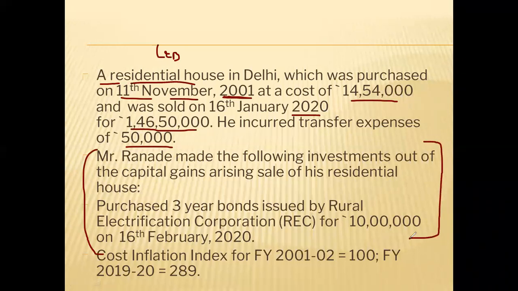First, everybody tell whether it will be a long-term capital gain or a short-term capital gain. He purchased the house in year 2001-2 and he sold the property in year 1920. So should this be a long-term capital gain or a short-term capital gain?